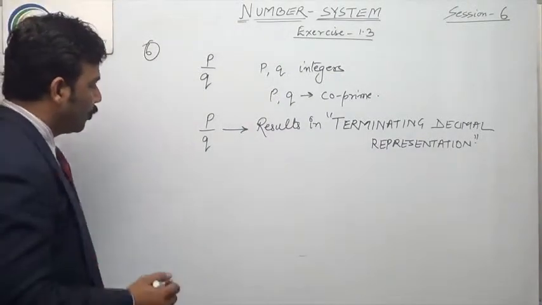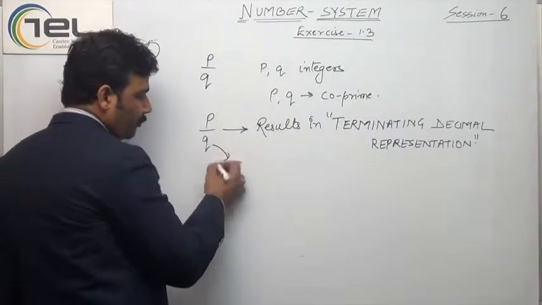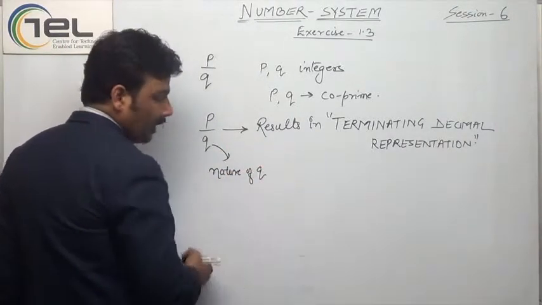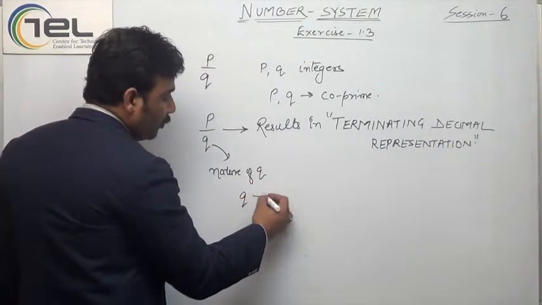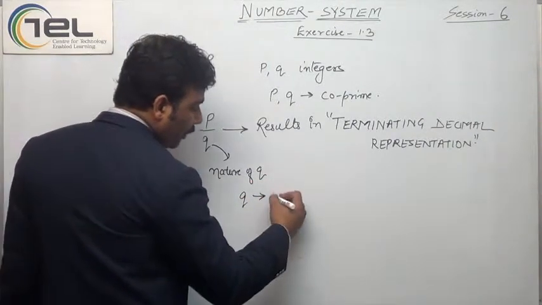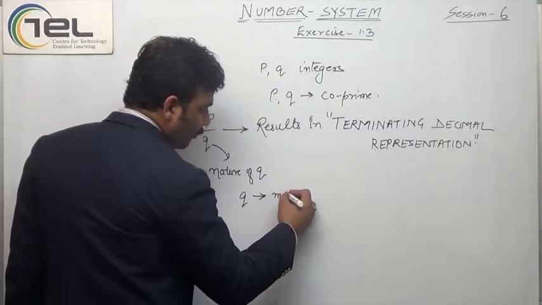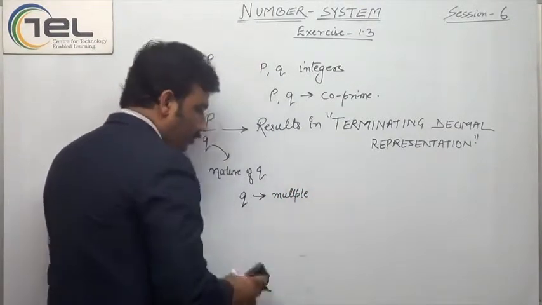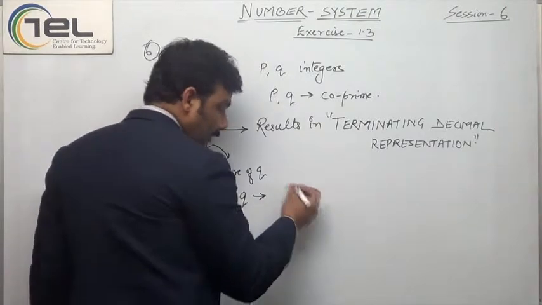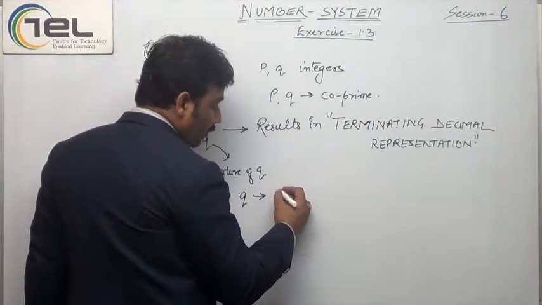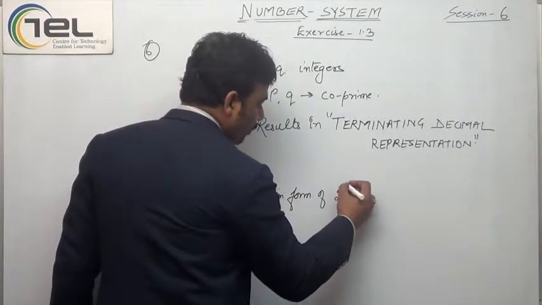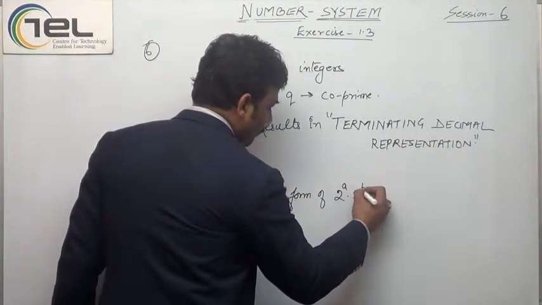They are asking about the nature of q. I have discussed that q can be written in the form 2 raised to the power a and 5 raised to the power b.